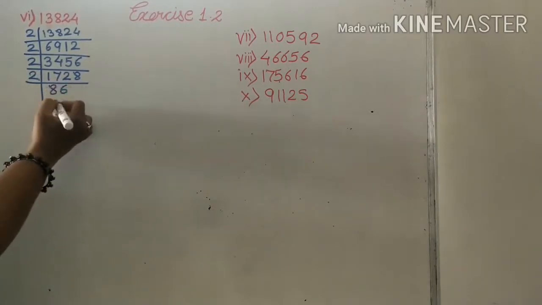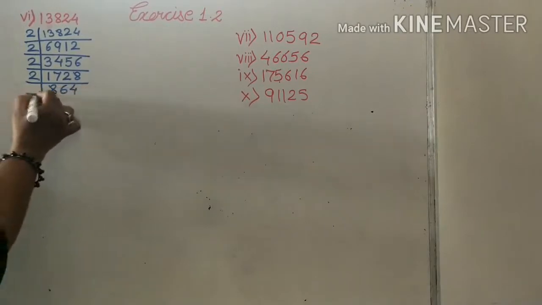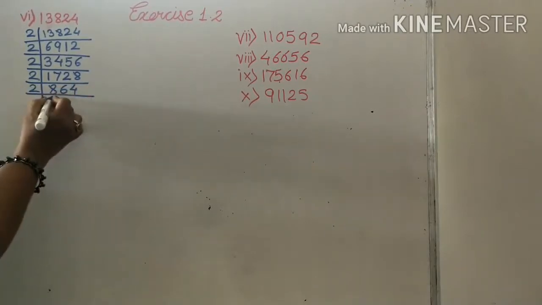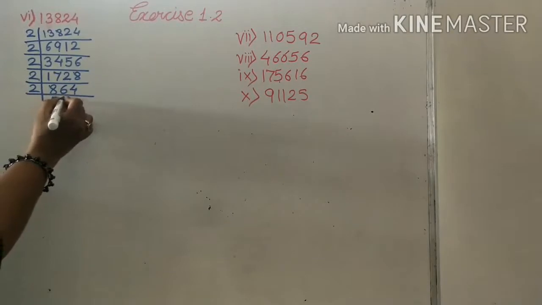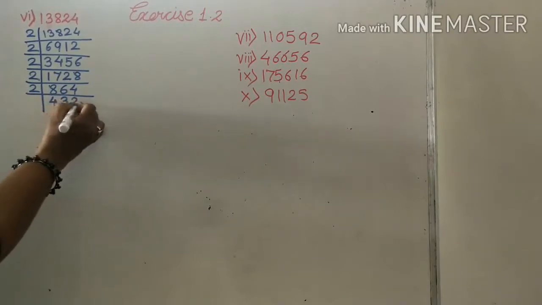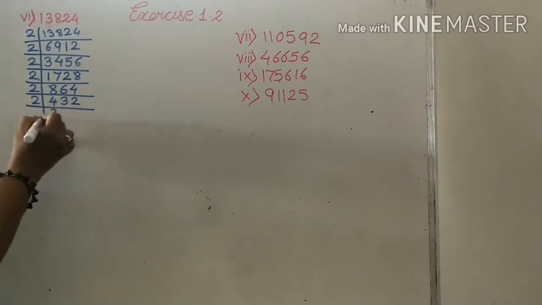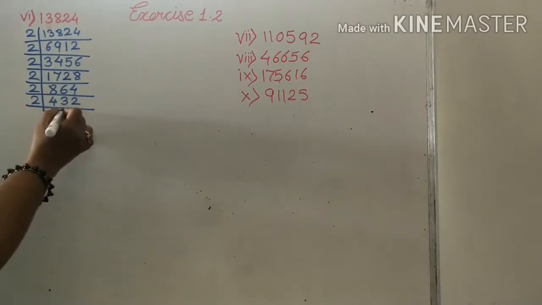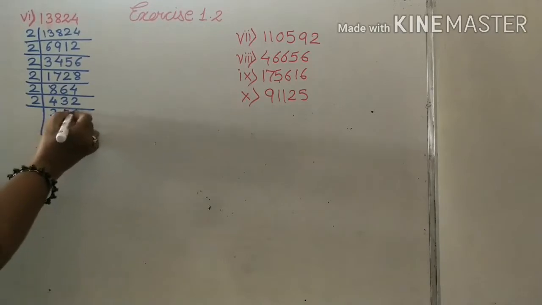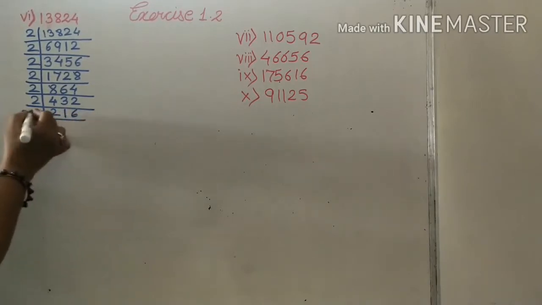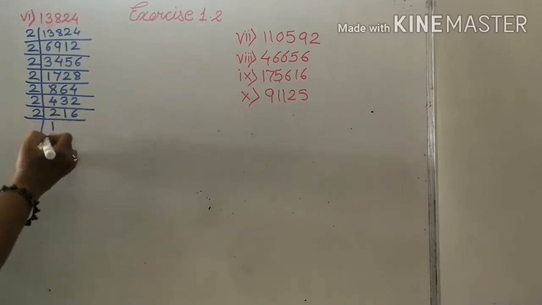2 6s are 12. 2 4s are 8. 2 4s are 8. 2 3s are 6. 2 2s are 4. 2 2s are 4. 2 1s are 2. 2 6s are 12. 2 1s are 2.